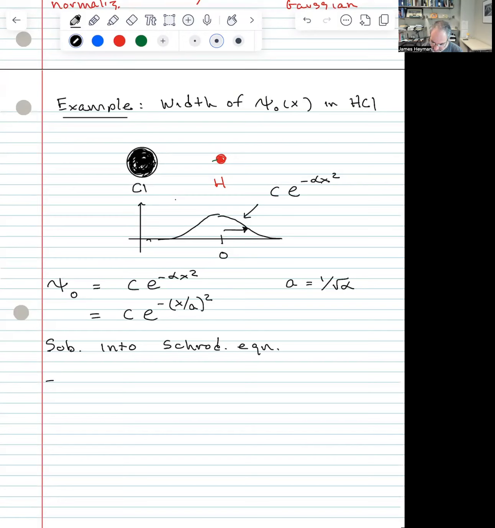So then we have minus h bar squared over 2m times the second derivative with respect to position of our wave function, and this has to be equal to E minus U of x, the potential energy, which we can write as 1/2 m omega naught squared x squared, times the wave function again.